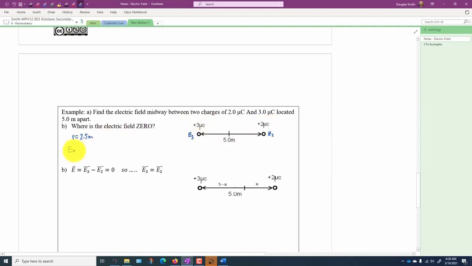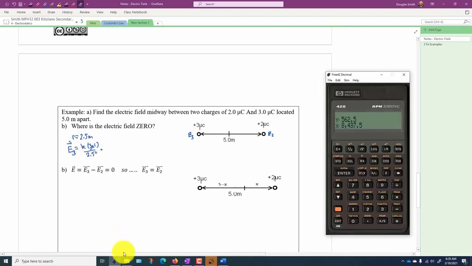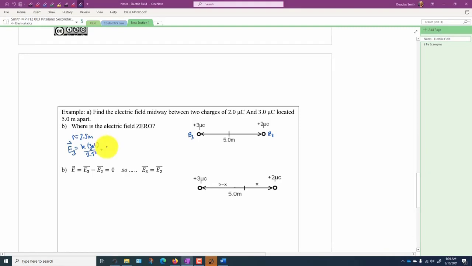So E3 is K 3 microcoulombs divided by 2.5 squared. So it's 9 E9, 3 E negative 6, 2.5 squared, 4320.